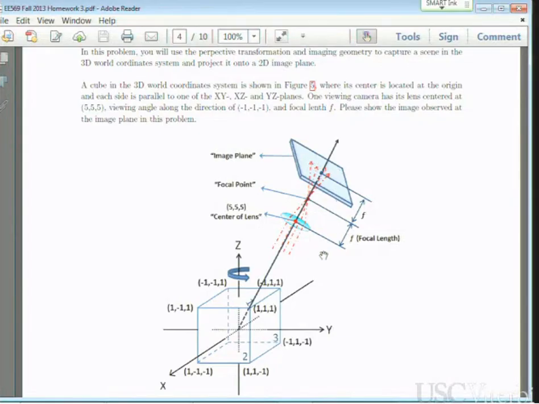And this lens and that lens are the same, so this is all the focal length. So we will describe, and write the formula for, how we transform the world coordinates to the 2D image coordinates.